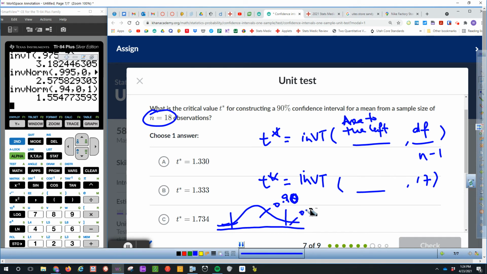So this is 0.05. This is also 0.05. So area to the left is 0.9 plus 0.05, which is 0.95, and the degrees of freedom is 17: 0.95, degrees 17.